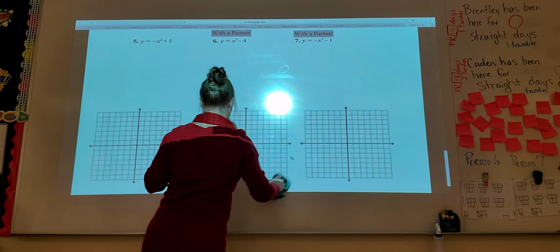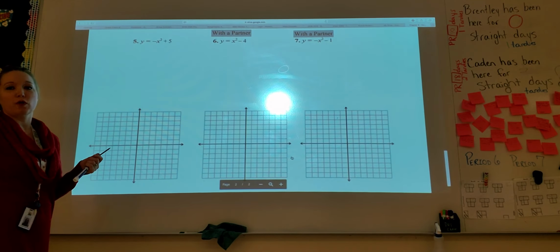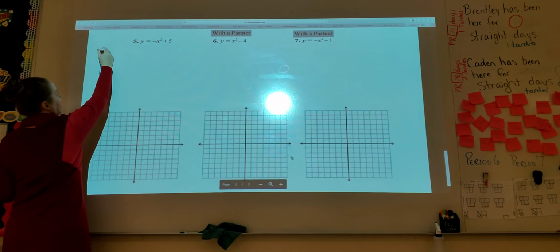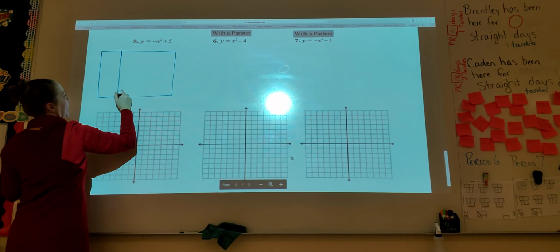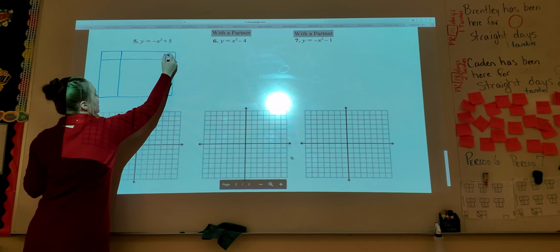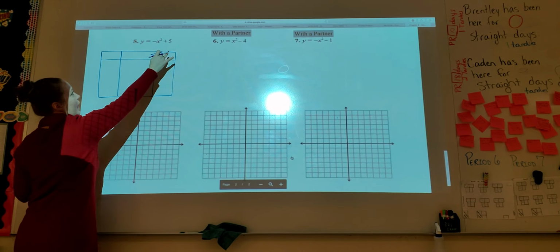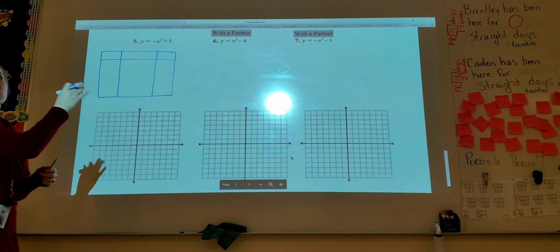So number 5, they didn't make the table for us. So we're going to have to make our own little table, and you can do it however you want. I recommend having your X spot, having the spot where you plug it in, and then having your Y spot or an ordered pair spot, which is what we did before.